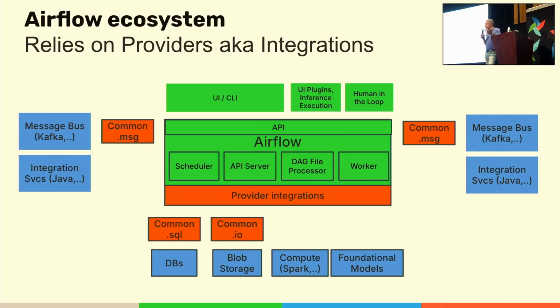The same thing for I/O. We've also recently done this for event-driven scheduling, a common pattern towards any event-driven messaging system, whether you're listening or you want to publish, and so on.